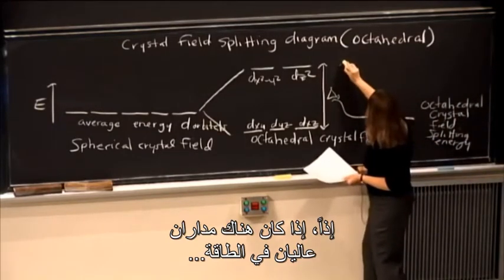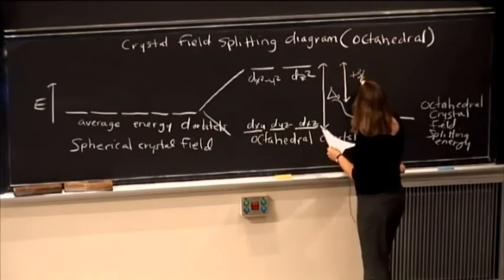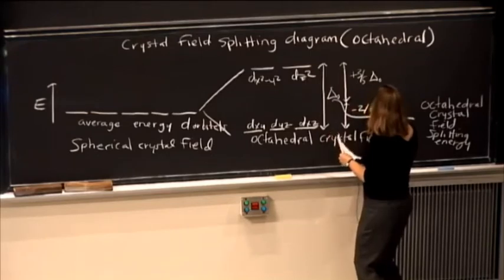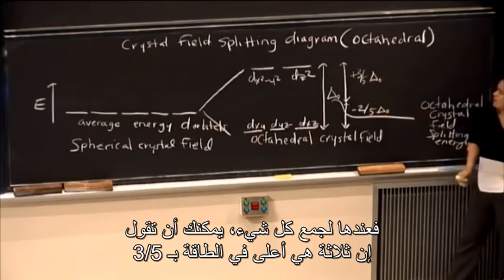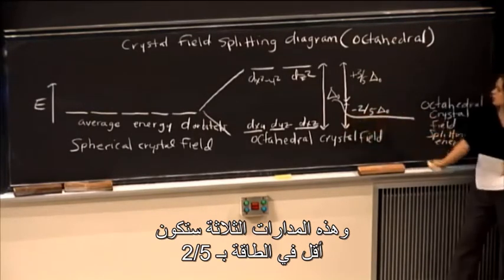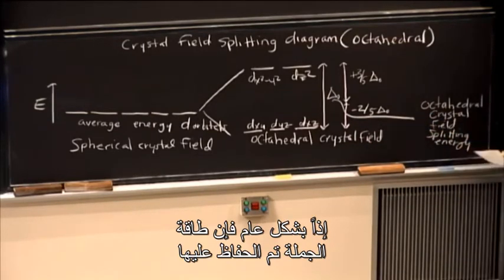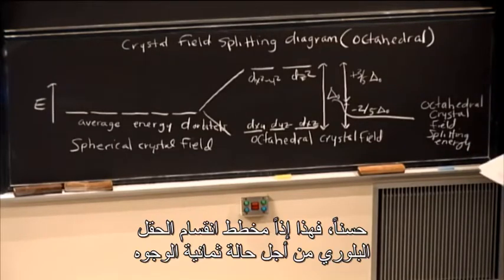So if 2 orbitals go up in energy and 3 go down in energy, then to have everything add up, you can say that the 2 go up in energy by 3/5, and these 3 orbitals are going to go down by 2/5. So overall, the energy of the system is maintained. Okay, so that's a crystal field splitting diagram for an octahedral case.